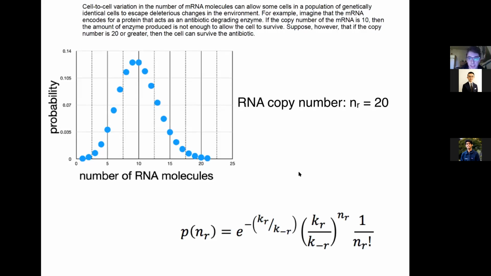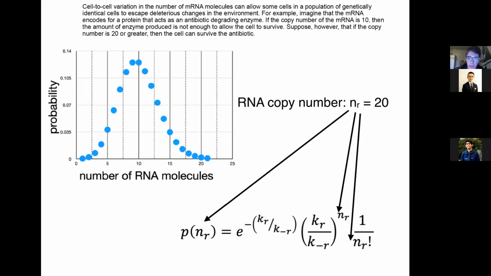And we can use the following equation. We want to find the probability of 20 RNA molecules, so we can just plug in the 20 to the equation. Now we only need one more term to compute this probability, and it is the forward rate of RNA formation over RNA degradation, which, as seen in the last question, was reflected by the mean.